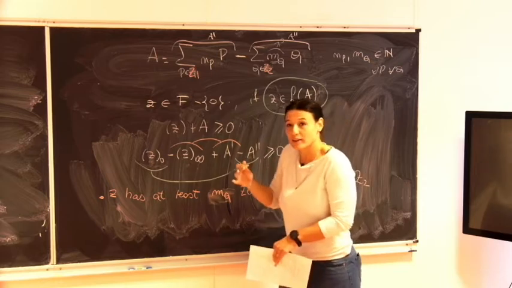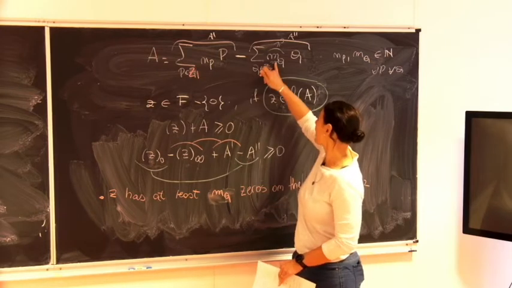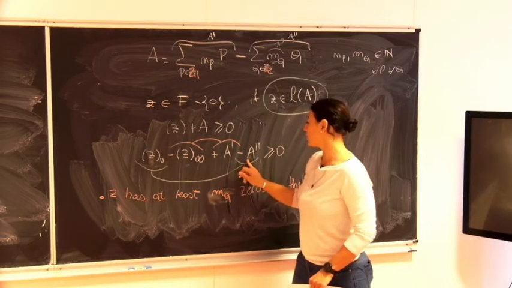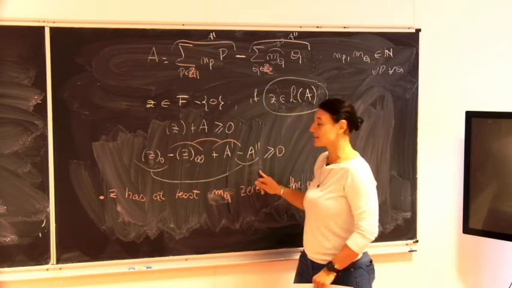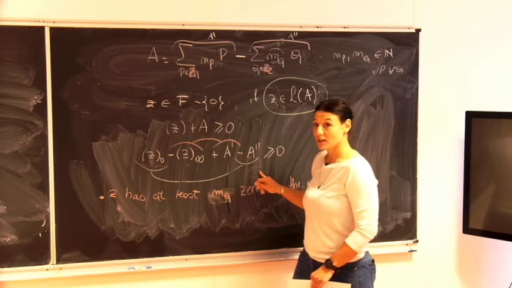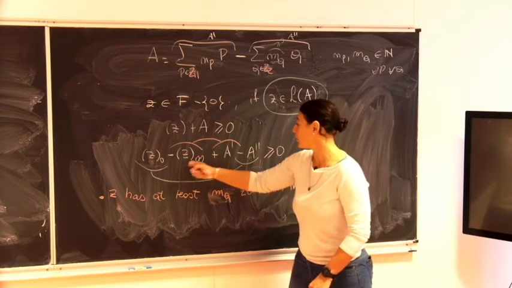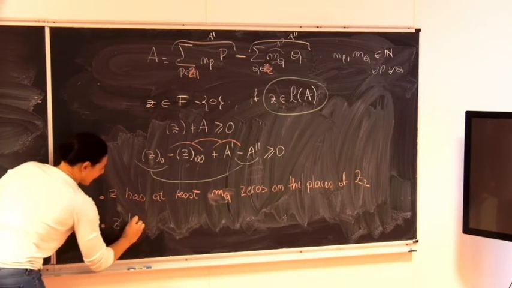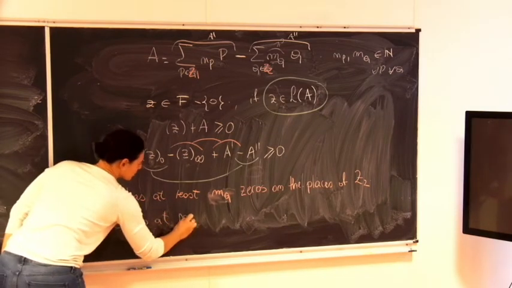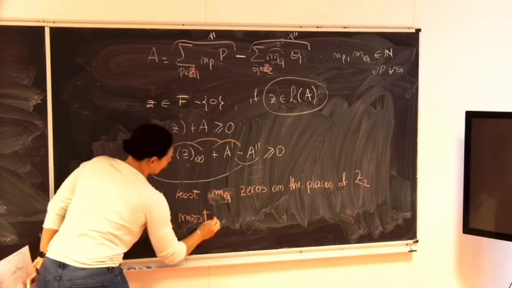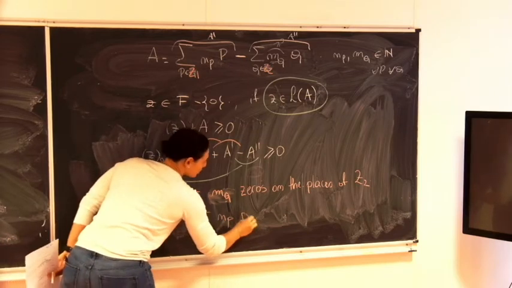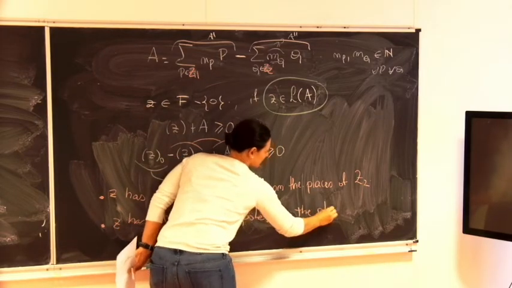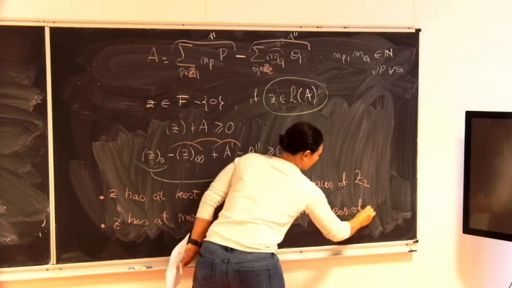It could be greater, but not less, because if I have something less, when I do the subtraction here, I will get a negative coefficient. And the same with the pole divisor. This thing is saying that Z has at most N_P poles on the places of theta 1.